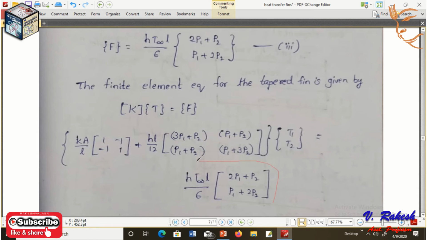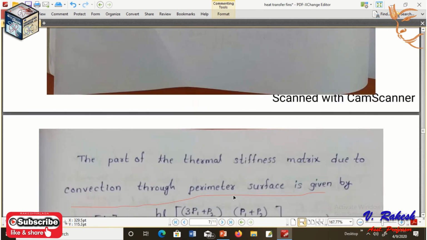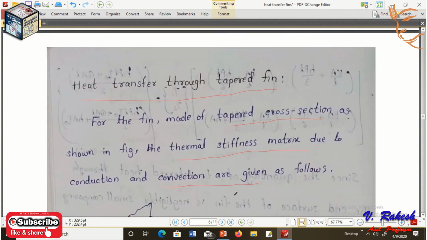This is the thermal force vector. This is the finite element equation for heat transfer through tapered fin.